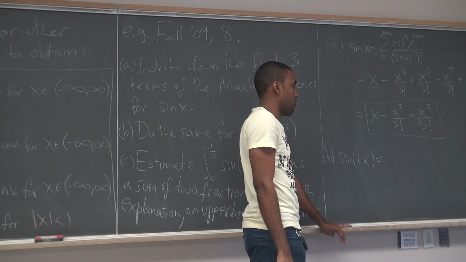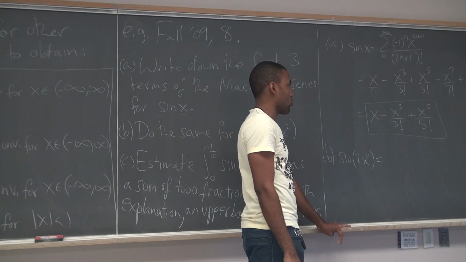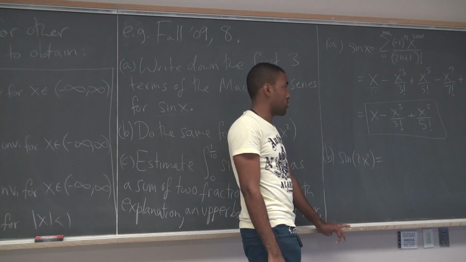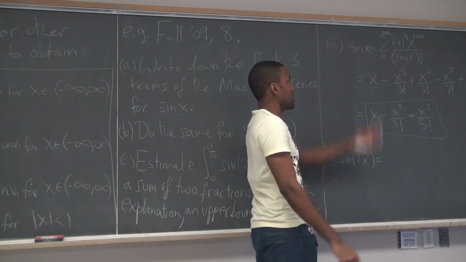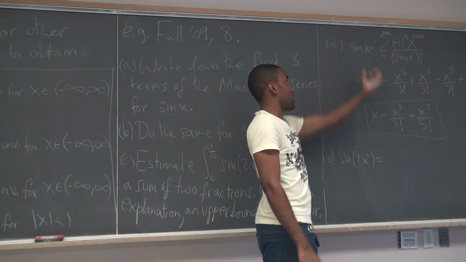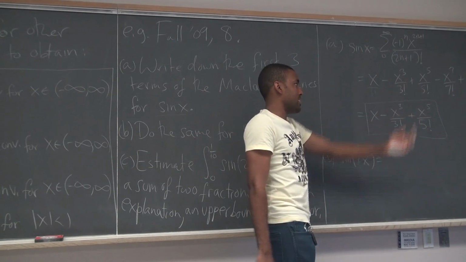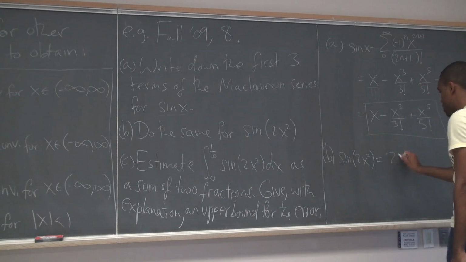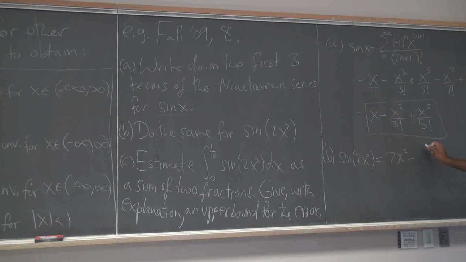Yeah, you literally just plug it in, right? Just like here, I just plugged in 2x squared into this side, but that side is exactly the same, so plug in 2x squared for x over here. So that's going to be 2x squared minus 2x squared cubed over 3 factorial plus 2x squared to the 5th over 5 factorial.